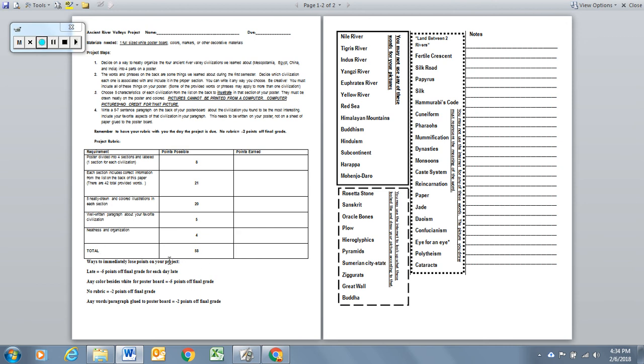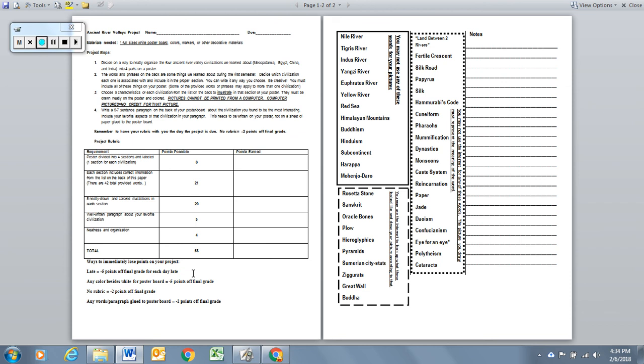Ways to immediately lose points on your project. Late: minus 5 points off your final grade for each day that it's late. I want you to write right here in this space: can't turn in after February 22nd.